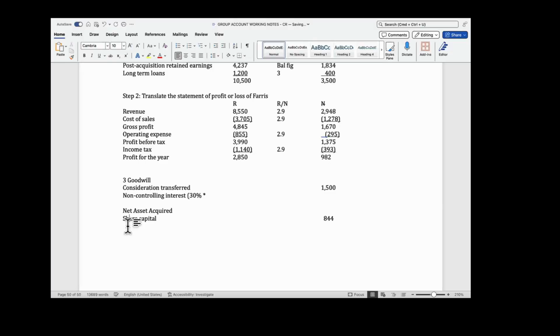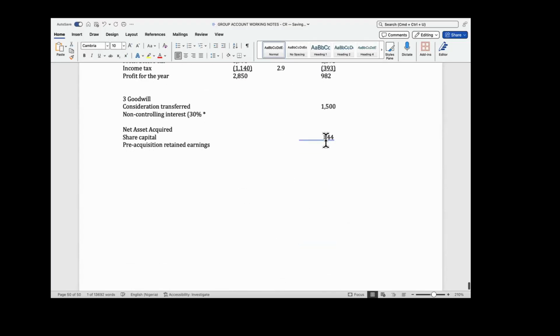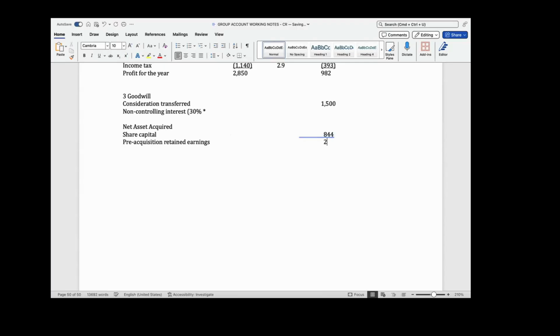So we should be looking at 844 and pre-acquisition translated at 422. So the total of how much? 1,088 naira.